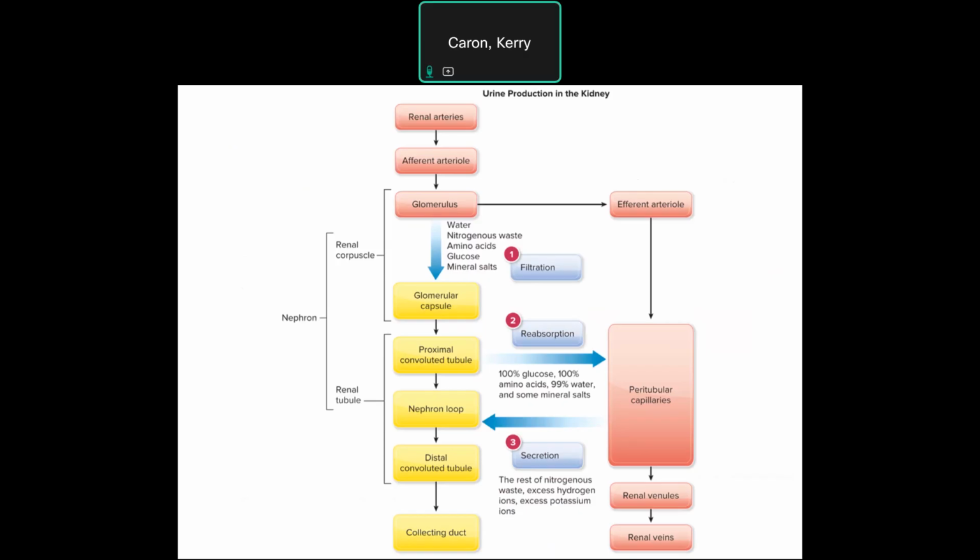When we enter the tubule systems, then some reabsorption happens. So we decide, wait a minute, I want glucose back, I want amino acids back, some water back, mineral salts. And what gets secreted as urine is the remainder of the nitrogen waste and any excess ions that we don't need. Those end up in the collecting ducts to the calyces, which ends up in the renal pelvis, which ends up exiting the kidney via the ureters and gets stored in the bladder.